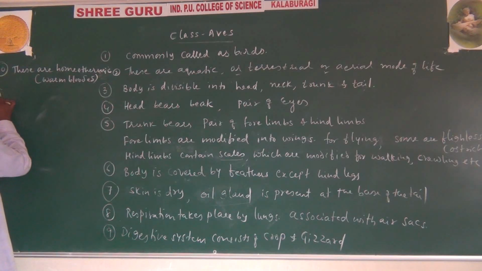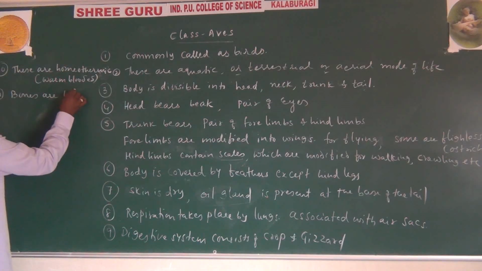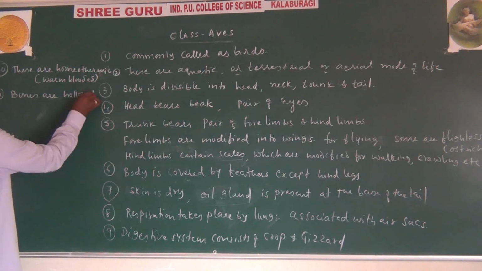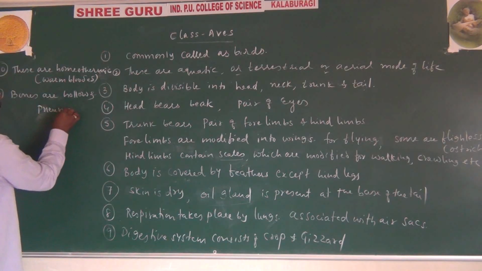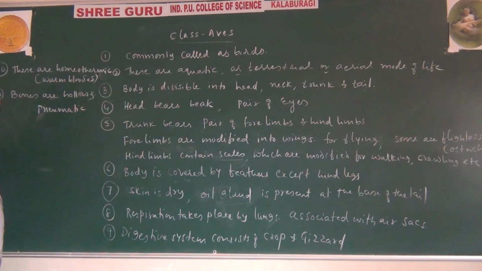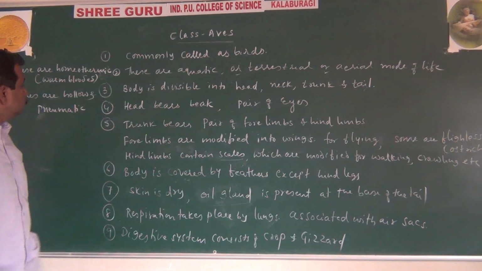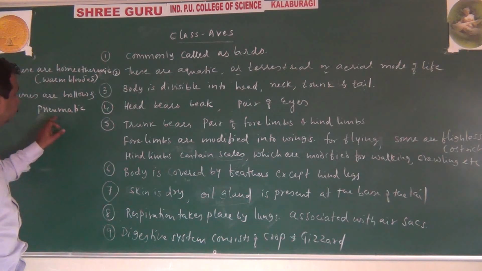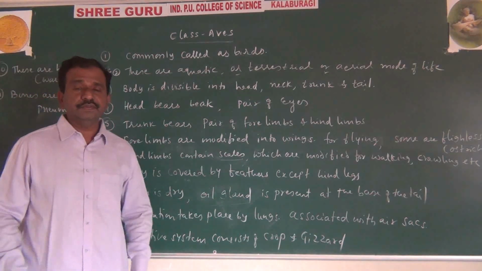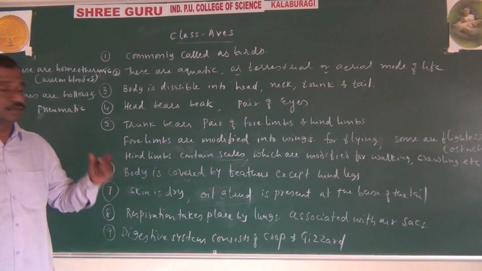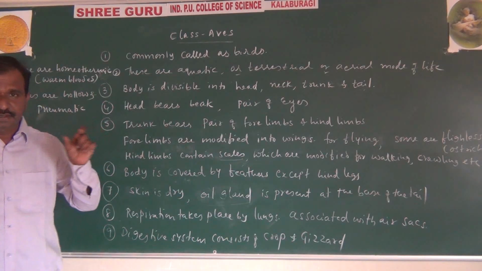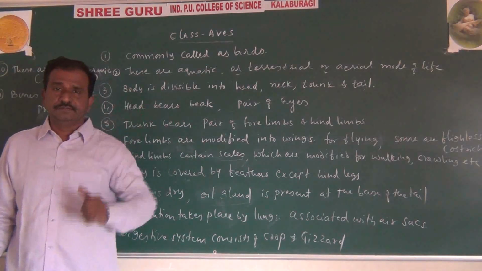11th one, bones are hollow and pneumatic. Bones are hollow and pneumatic, meaning they are filled with air cavities, air chambers. Why are they filled with air chambers? Because of flight adaptation.